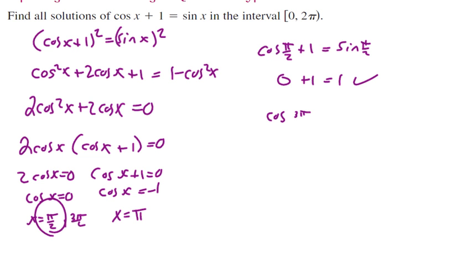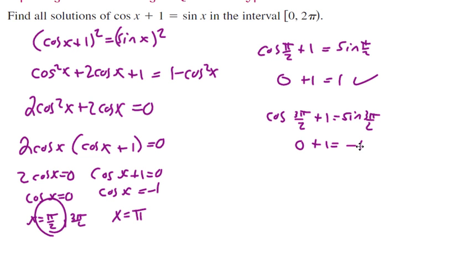Cosine of 3 pi over 2 plus 1, is that equal to sine of 3 pi over 2? Cosine of 3 pi over 2 is 0, so we get 0 plus 1, and sine of 3 pi over 2 is negative 1.